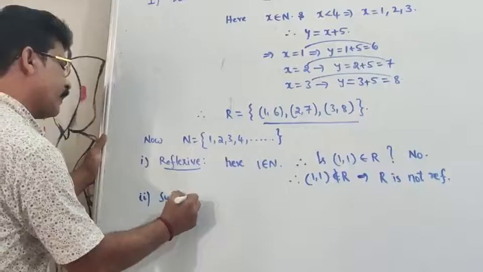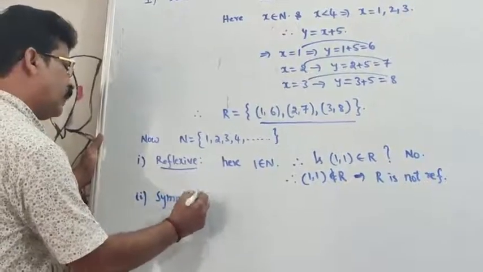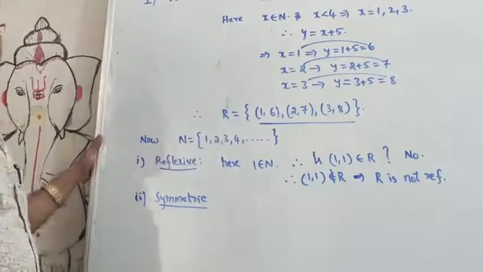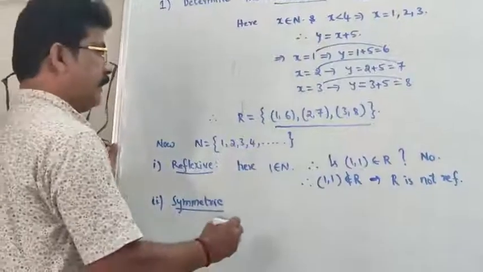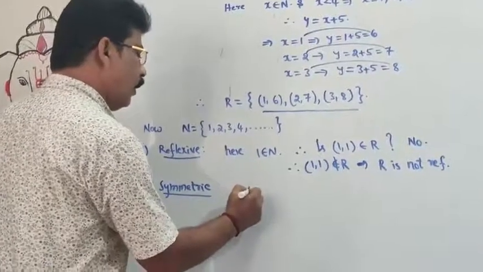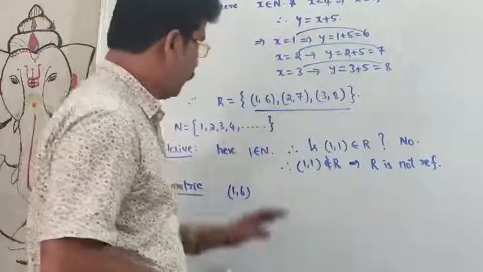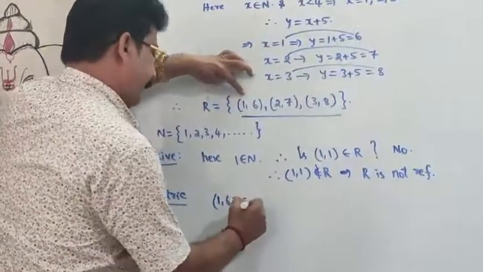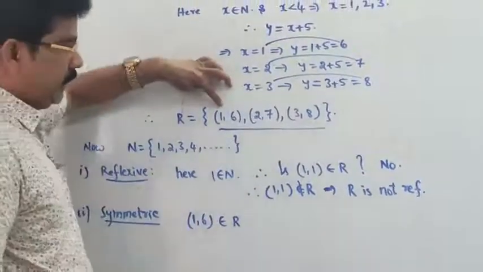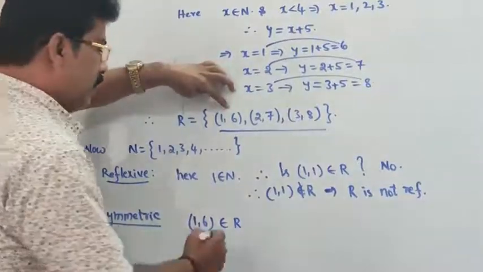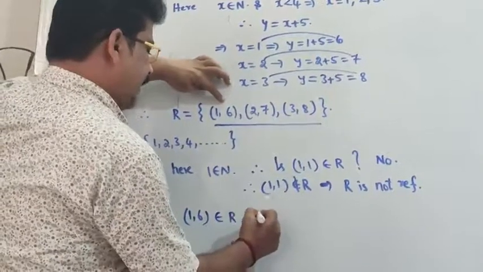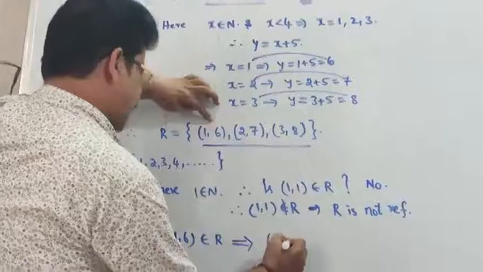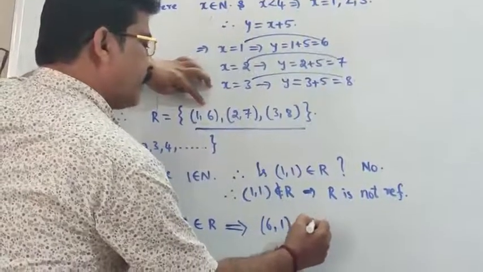Next, number 2, symmetric. Test for symmetric. Here (1, 6) belongs to capital R. Let us take the first element (1, 6). Does it imply (6, 1) belongs to capital R?